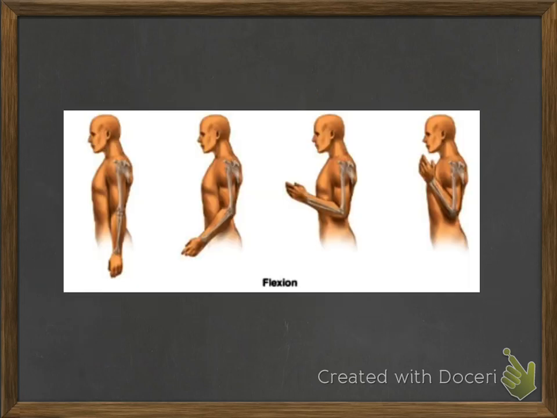So just to show you here, we're looking at elbow flexion. So if we measure the angle at number 1 here, we're looking at about 180 degrees. Here, we're looking at about 100, 110 degrees. So that's gotten smaller from number 1.